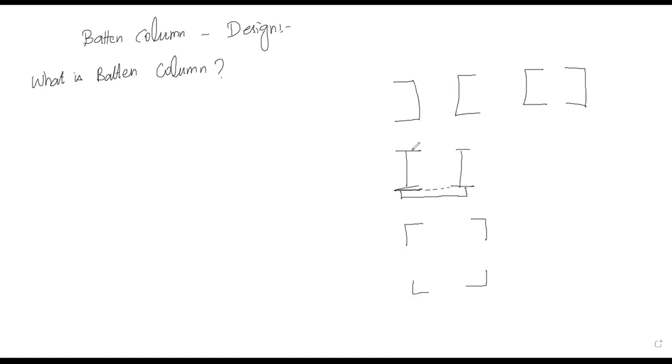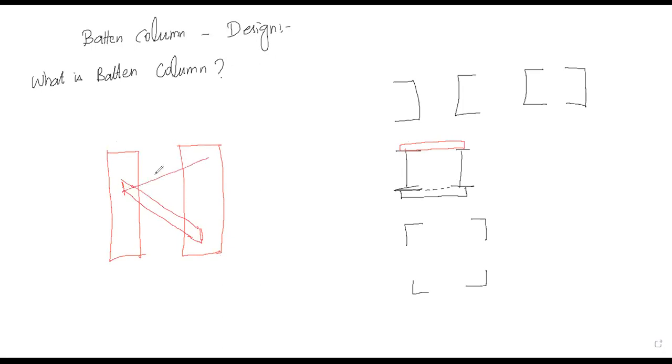So that type of column is called a laced column or a battened column. If the compression member is connected by means of inclined members, then the column is said to be a laced column.